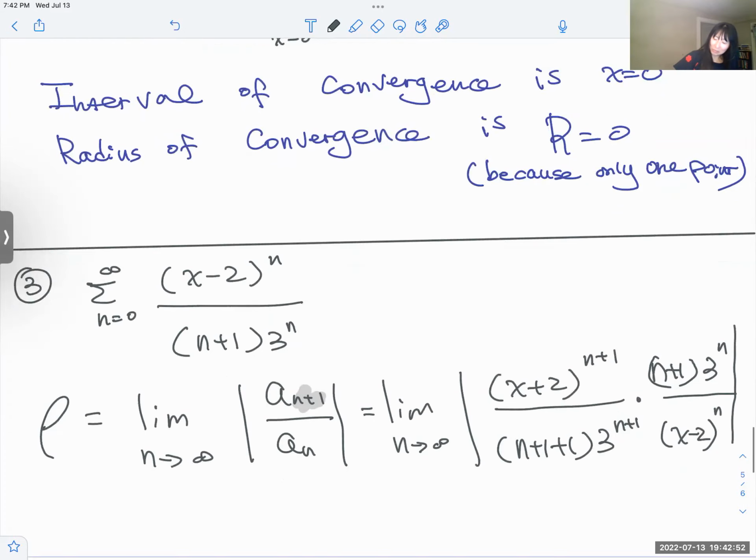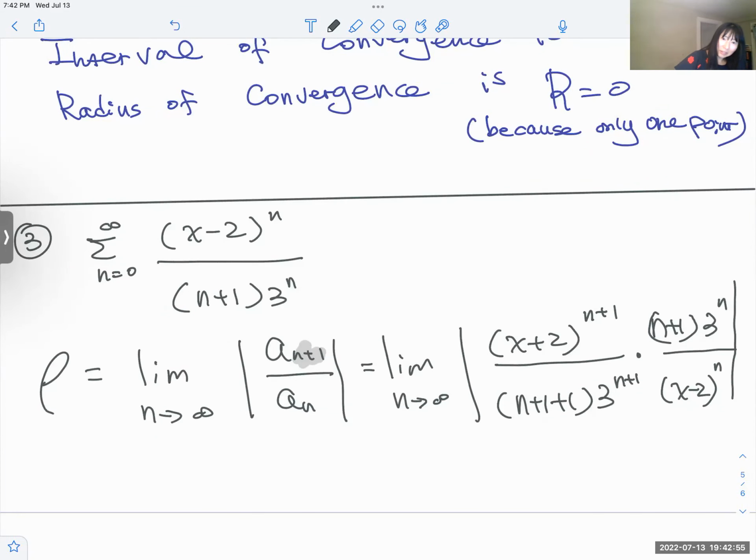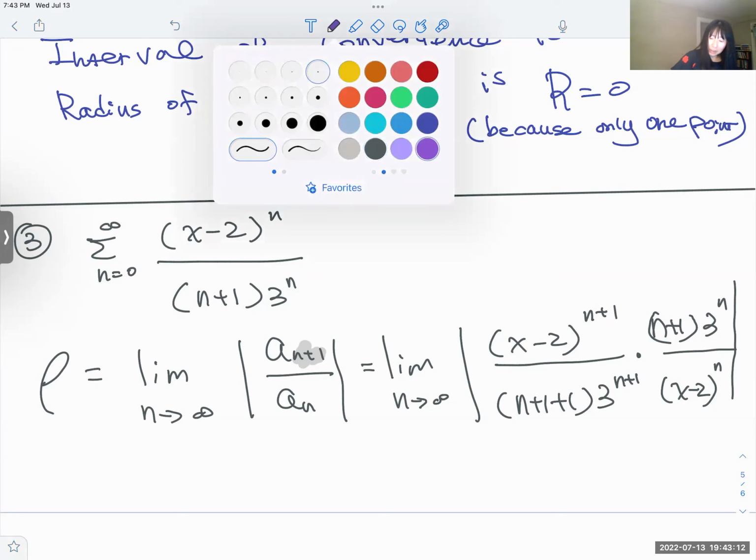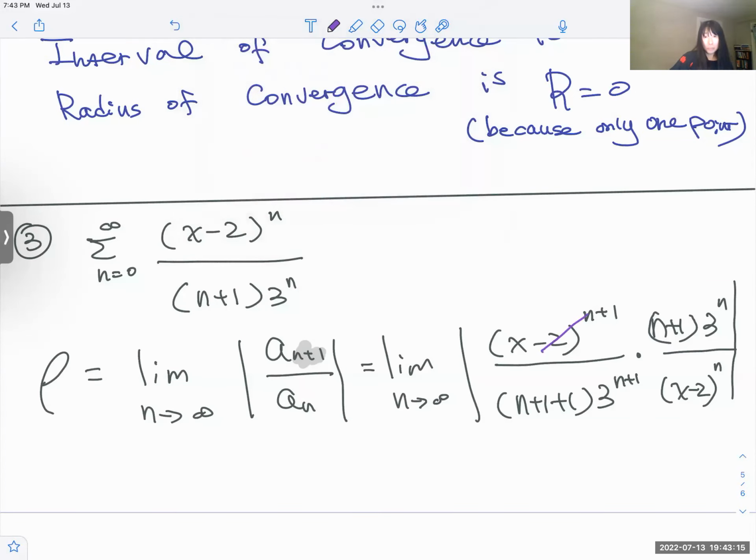Okay, let us simplify. Oh, really? Sorry, thank you. Good to know, right? It's minus 2, right? x minus 2. All right, so we have x minus 2 to the n power over x minus 2 to the n power, so we have a 1 there. Now we have 3 to the n power and 3 to the n, so we have a 1 there, right? I mean, one 3 to the first power is left.